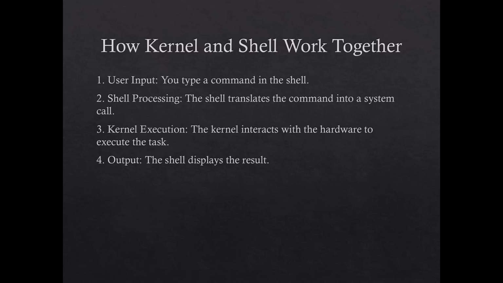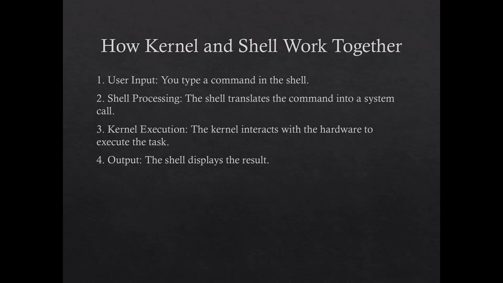Shell processing. The shell translates the command into a system call. Next is the kernel execution. The kernel interacts with the hardware to execute the task which is given through the shell. Next is the output. The shell displays the result.